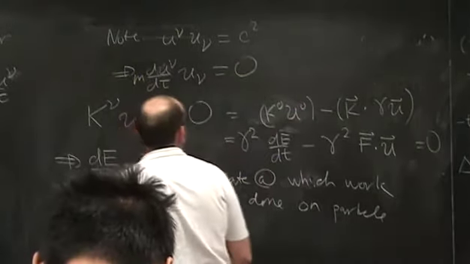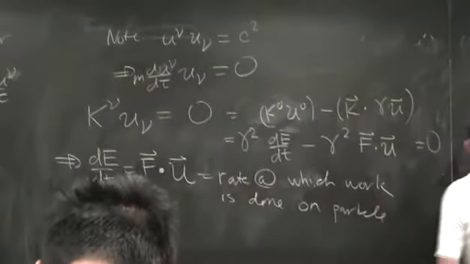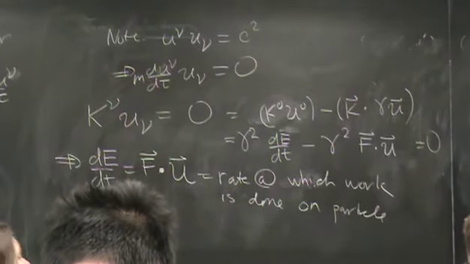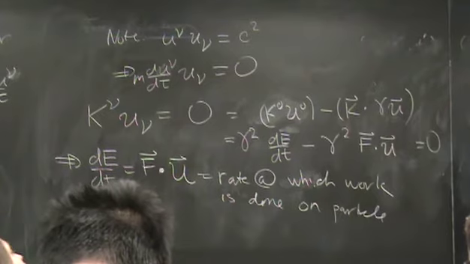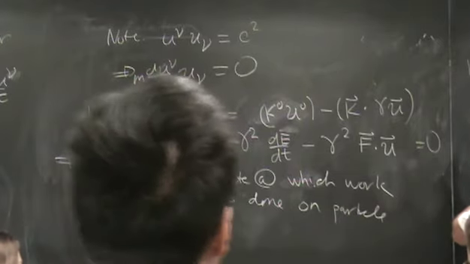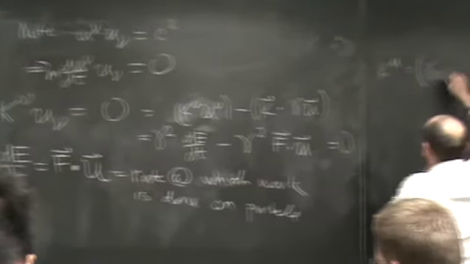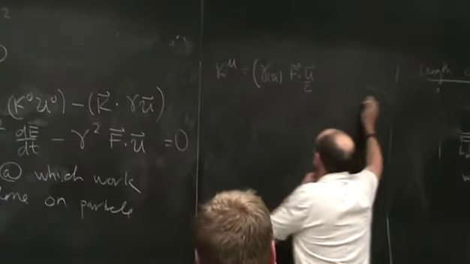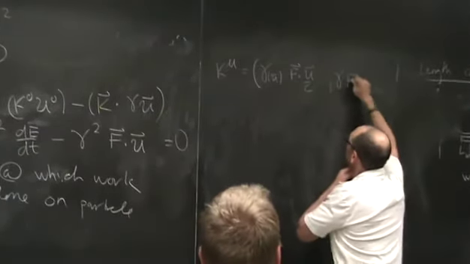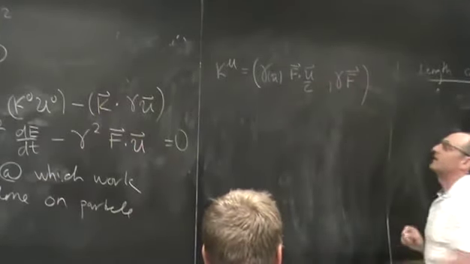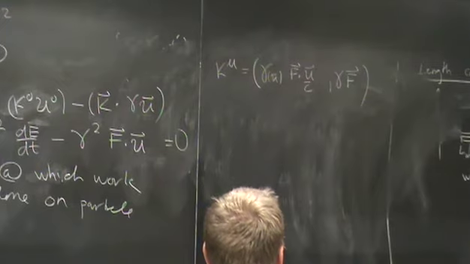Okay, so I want to conclude with one last point about this. What we have here, the Minkowski force, is often written as gamma times the force dotted into the local speed, and gamma force. This is the time-like component, and the space-like component of the Minkowski force.